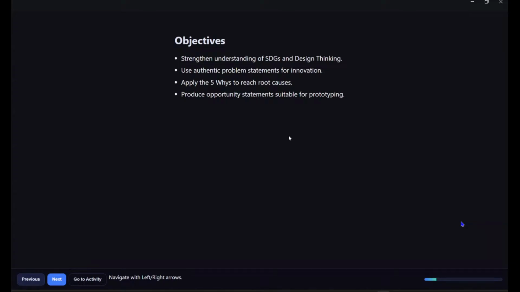Okay. So here what we are doing is we are using authentic problem statements for innovation. Why we are going with a specific list of problem statements is that these days, a lot of people talk about problems: we want to solve this problem, that problem, and all this.